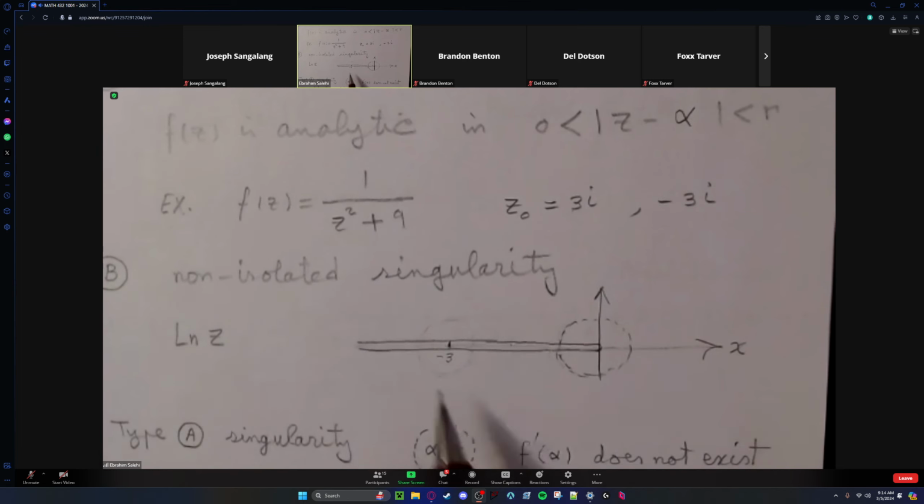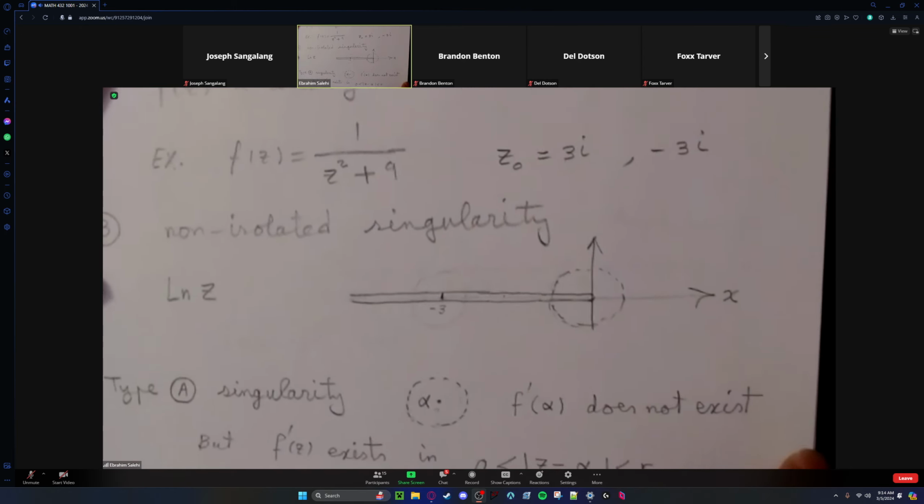We would like to classify. In this course, we will not really be dealing with non-isolated singularities, but mostly with isolated singularities. We are going to classify these isolated singularities, all right?